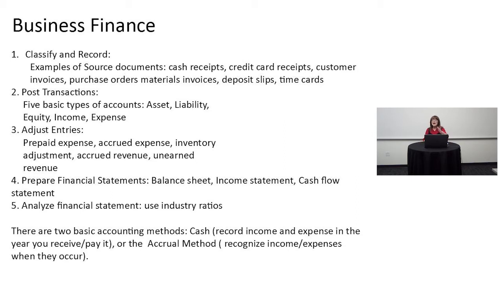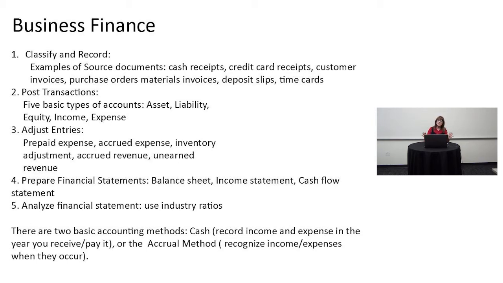1, classify and record. That's the first thing you're going to do. Examples of source documents include cash receipts, credit card receipts, customer invoices, purchase order material invoices, deposit slips, and time cards. Number 2, you're going to post those transactions to 5 basic types of accounts.